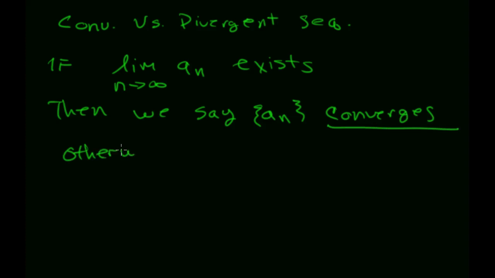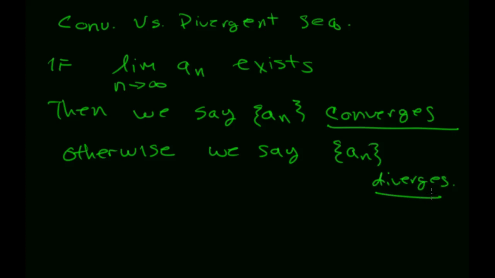Otherwise, so this is like a switch, it's either convergent or it's divergent. Otherwise, we say the sequence diverges. Okay, so that's two terms. If the limit exists, then the sequence converges. If the limit does not exist, then we say that it diverges.